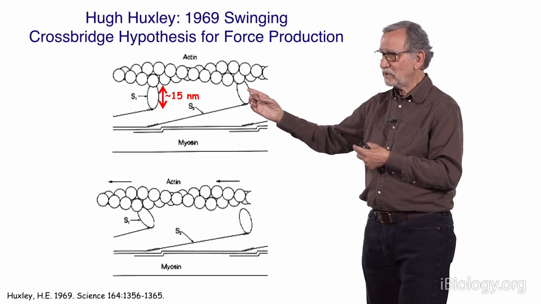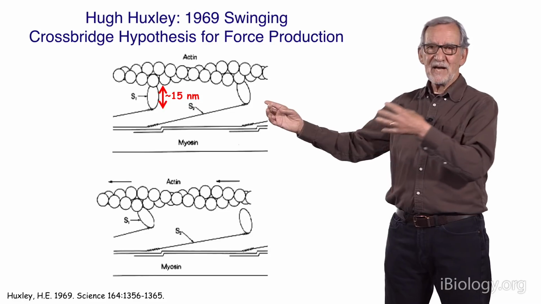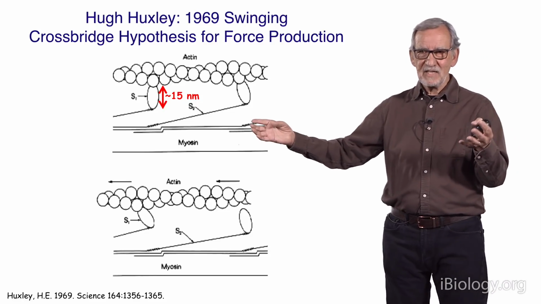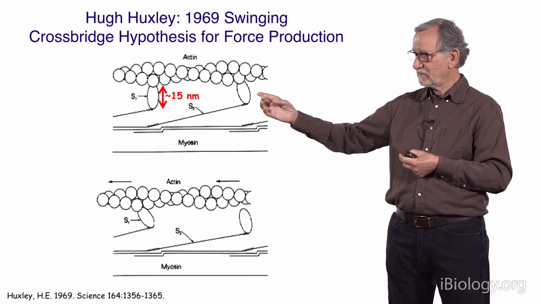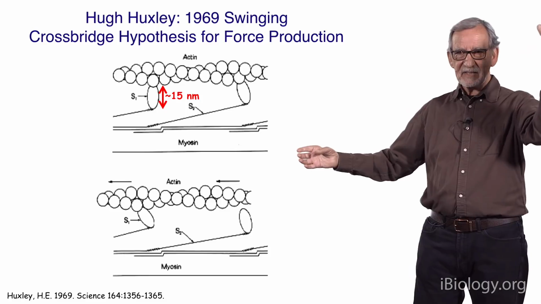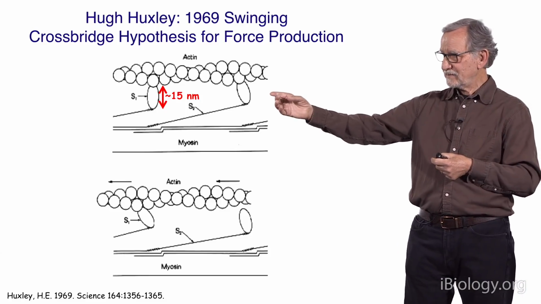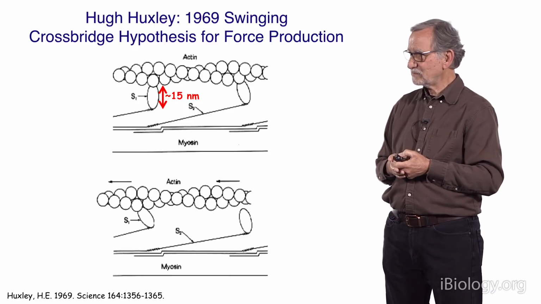And that rotation would move the actin filament relative to the thick filament about 5, 10 nanometers. No more than that, because the head is only 15 nanometers long. And it would then come off and somehow recock and bind again and stroke again. And that was his swinging cross-bridge hypothesis.